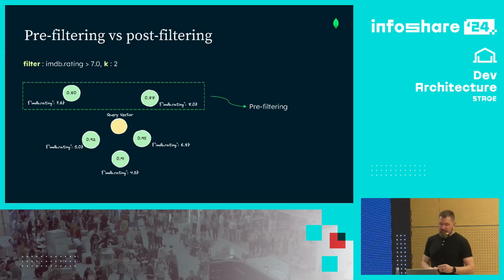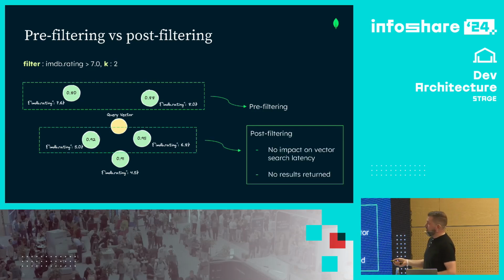But if we apply this as a post-filter, then it would retrieve these 2 candidates, and the scores of those are 0.95 and 0.92. So they score higher, but their IMDb ratings are less than 7.